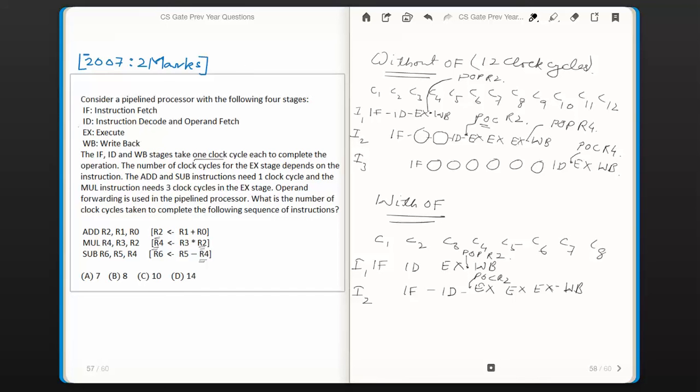Now the point of production of R4 is this, at the output of the execute stage, right? So I3's instruction fetch can be scheduled in C3.